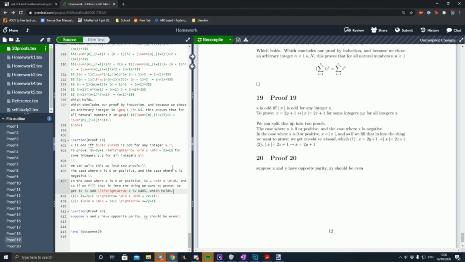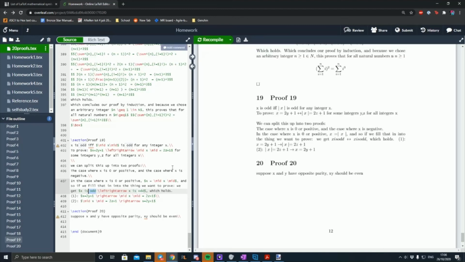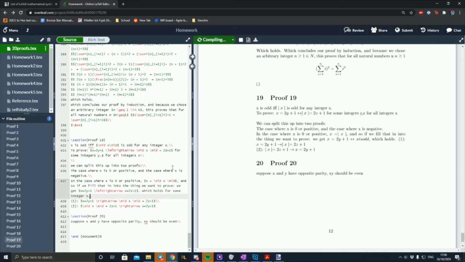Which holds. Oh yeah, but now we have the ugly is odd, so I'll just put down x equals 2y plus 1, and this is again equals 2z plus 1, which holds for some integers x, y, z.